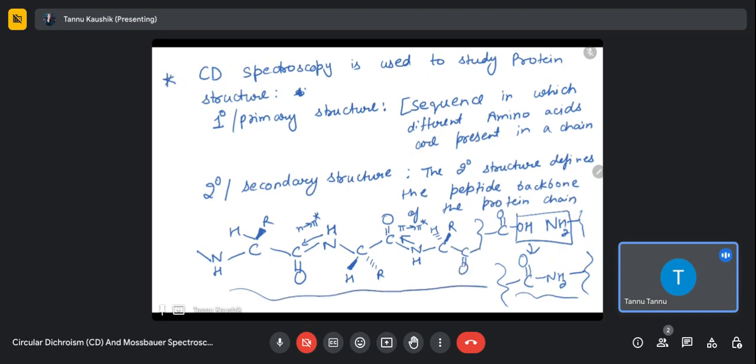So this is what we call the secondary structure of protein.